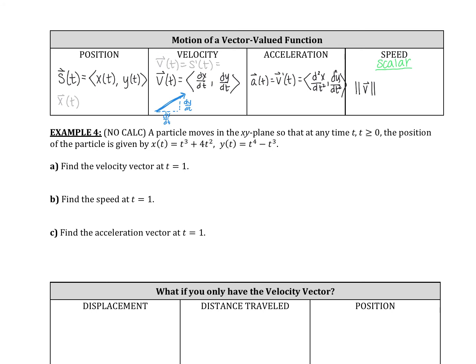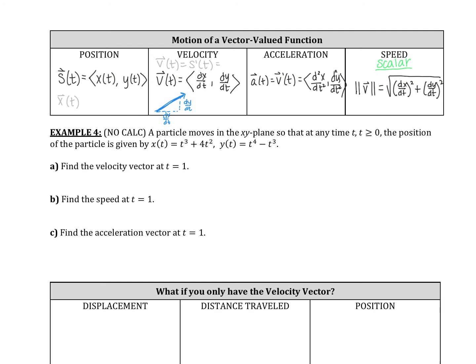The magnitude of velocity equals the square root of dx dt squared plus dy dt squared. Why? Because the speed is the length of this vector. So the speed is the length of the velocity vector, not the direction of the velocity vector like velocity is. So speed is the length, the magnitude, hence the magnitude.